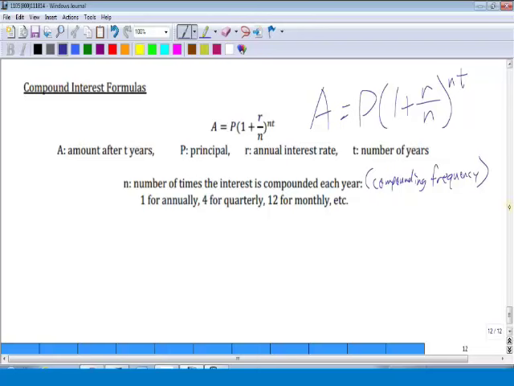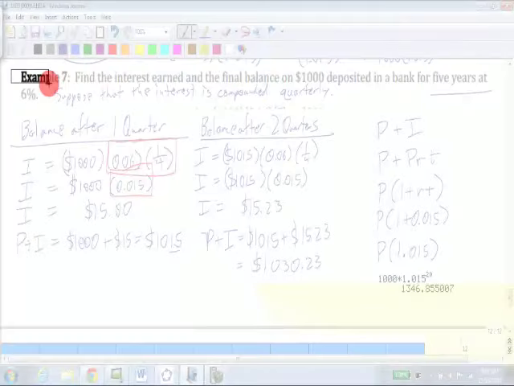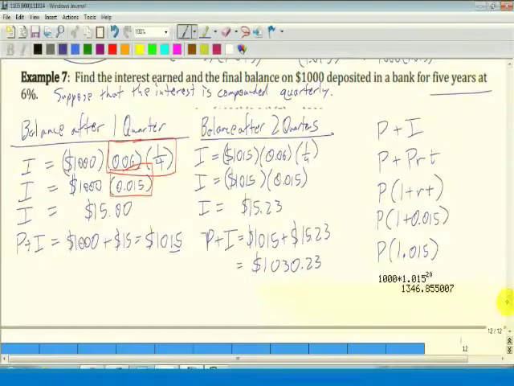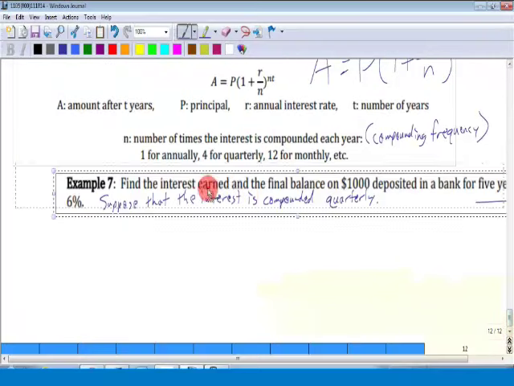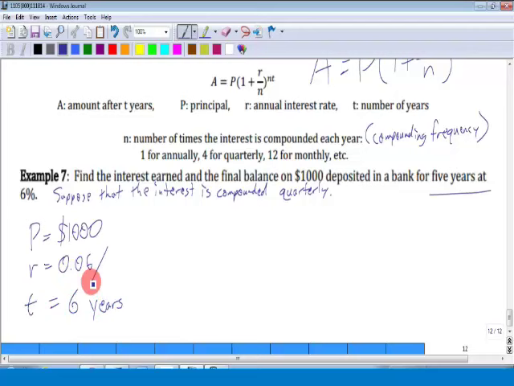If we did that same problem using the compound interest formula, it would go something like this. Principal equals $1,000. Rate equals 0.06, or 6% per year.